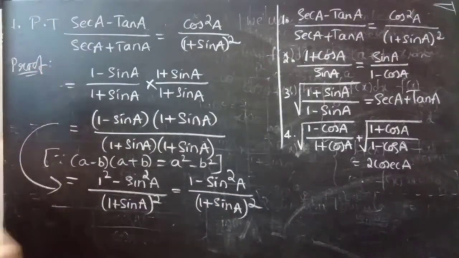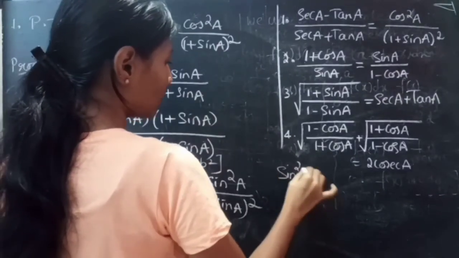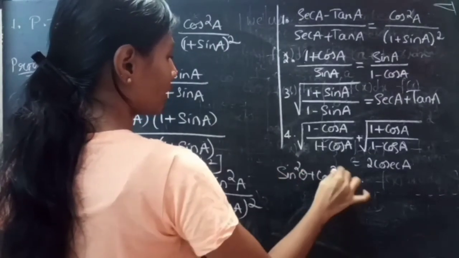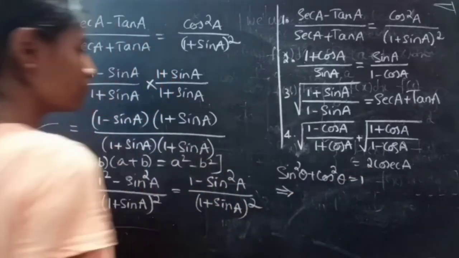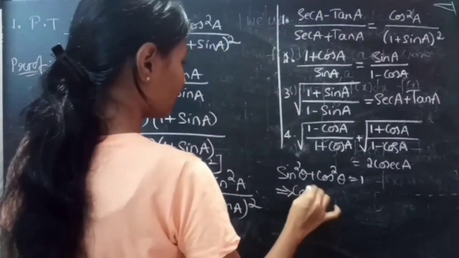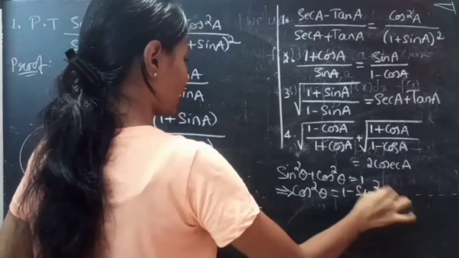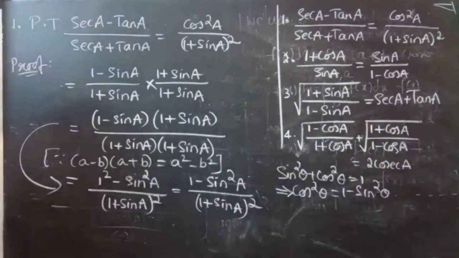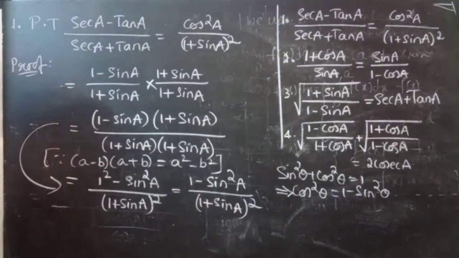Since we know that sin square theta plus cos square theta equals 1, if you take sin square theta to the right hand side, you'll get cos square theta equals 1 minus sin square theta.